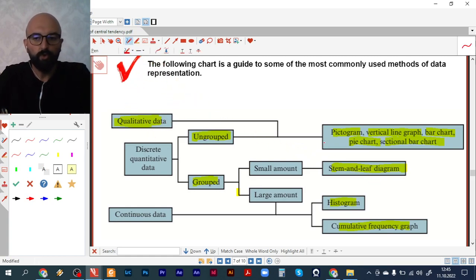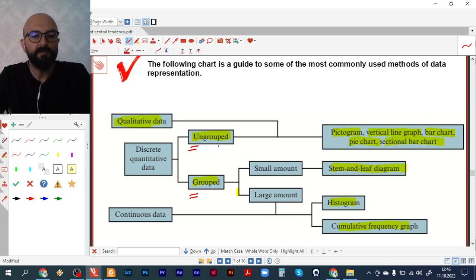You should use pictogram, vertical line graph, bar chart, pie chart, sectional bar chart. And if you have quantitative data, you should decide whether this data is discrete or continuous. If you have discrete quantitative data, you should decide ungrouped or grouped.